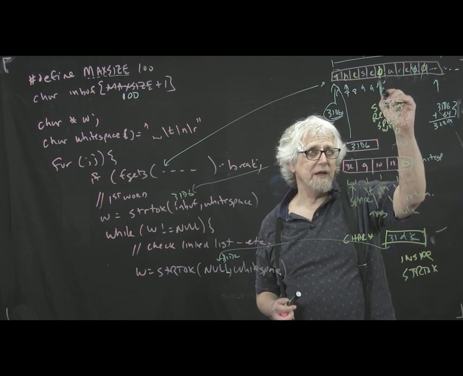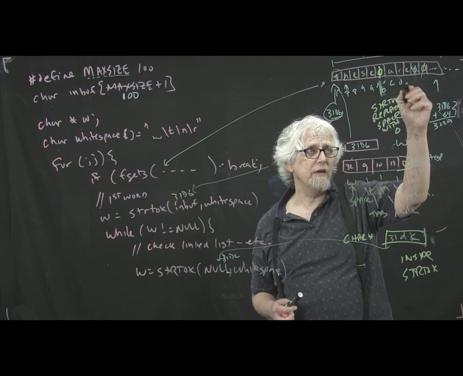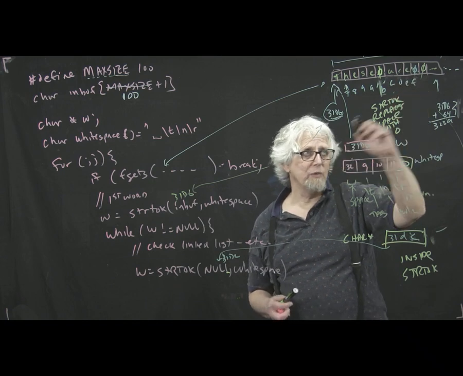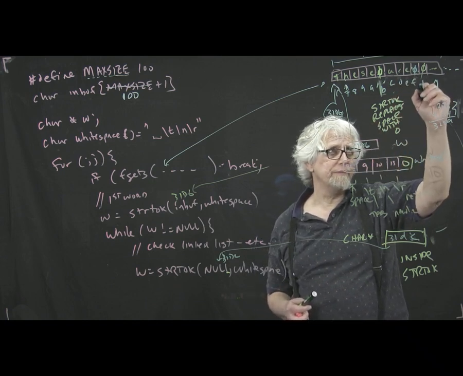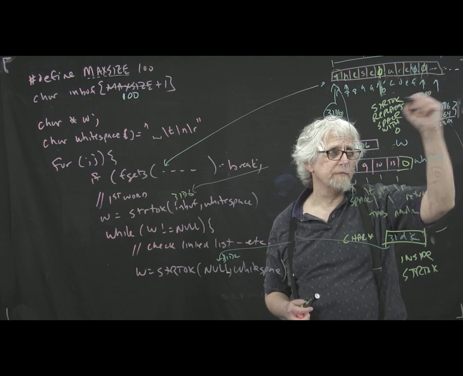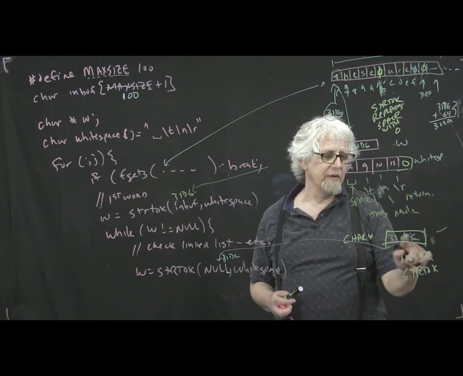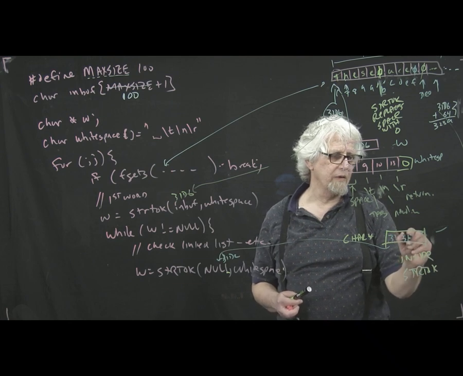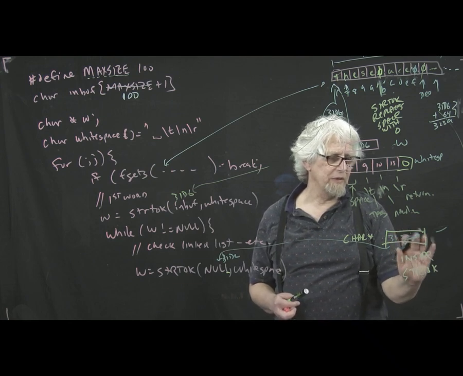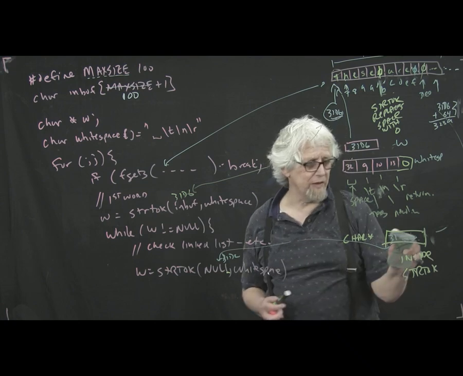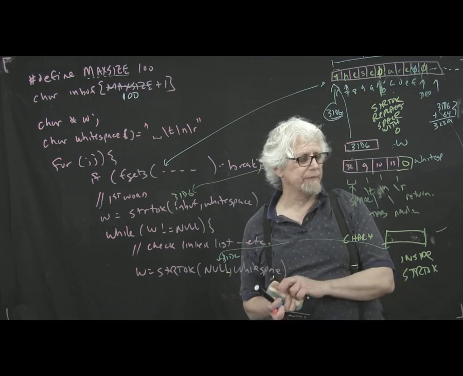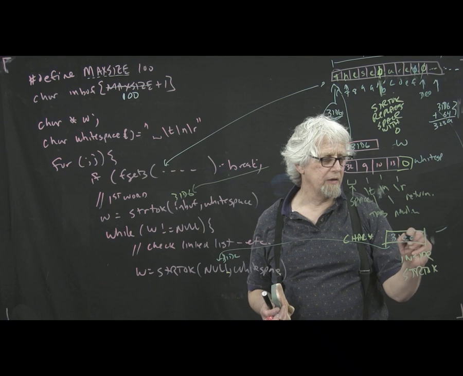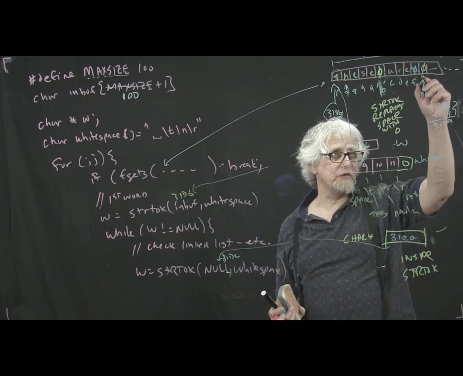So this was B, C, D, E, F, 31E0. Just going to remember this address, 31E0.